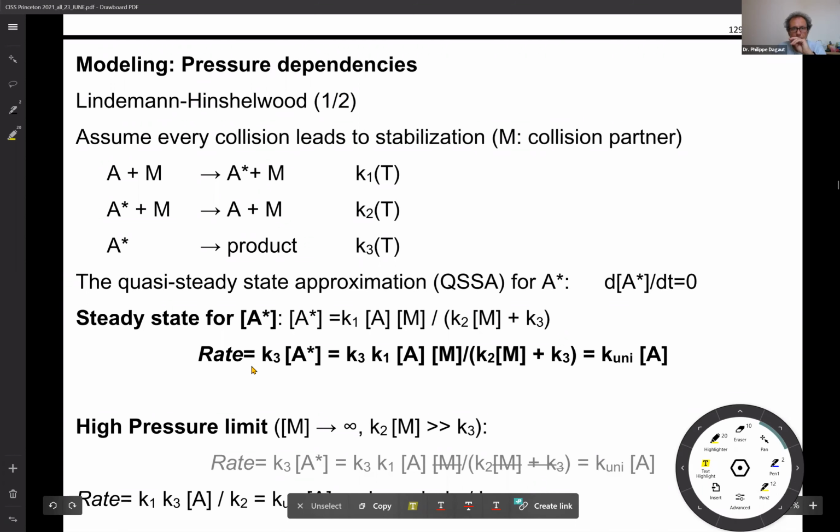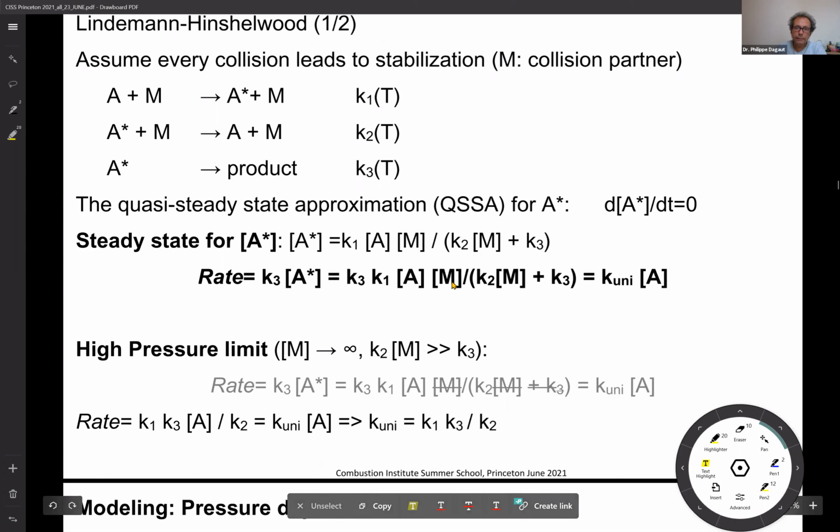And the rate then is equal to K3 times the concentration of A star, equal to K3 K1 concentration of M concentration of A divided by K2 concentration of M plus K3, and this is what we call K unimolecular times concentration of A.